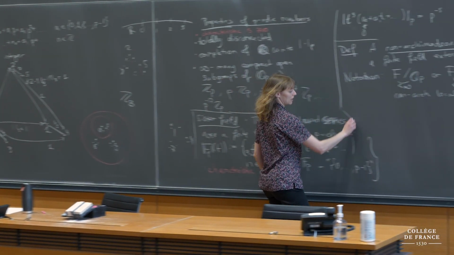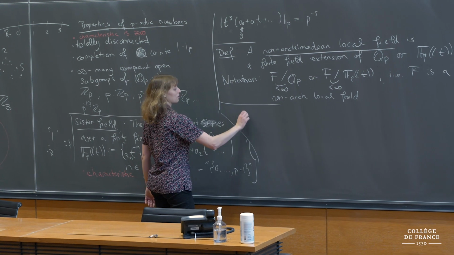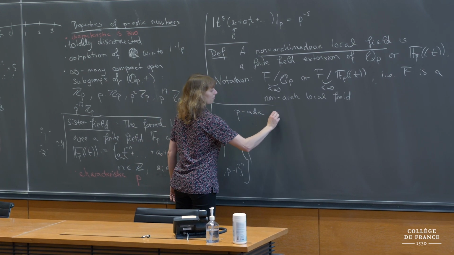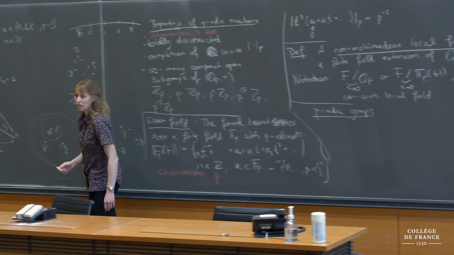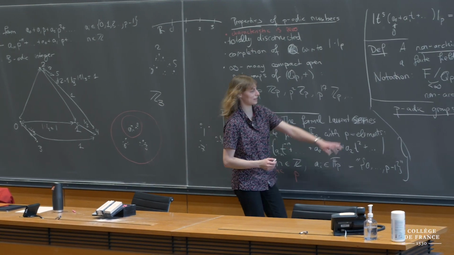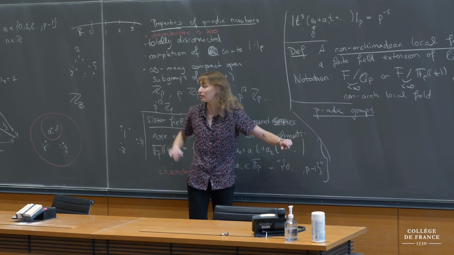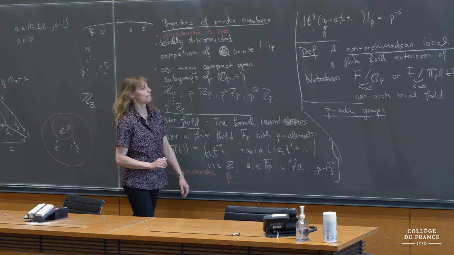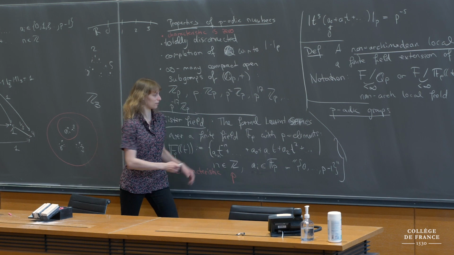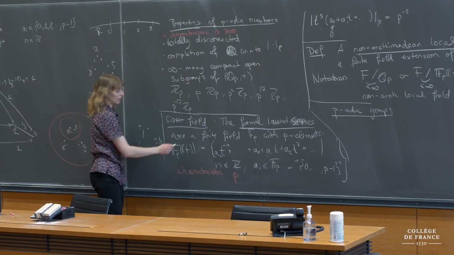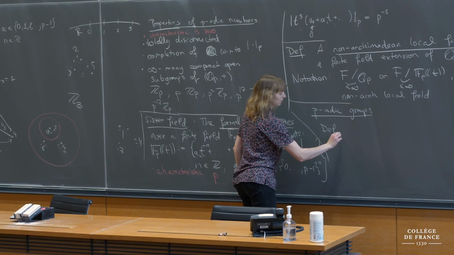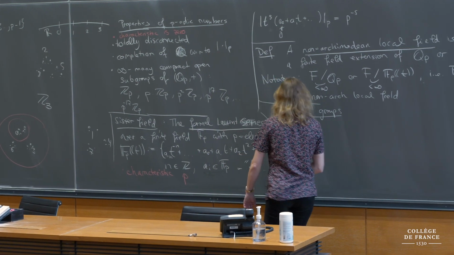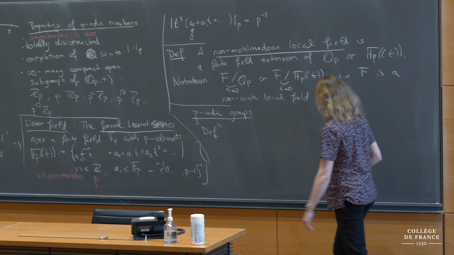Now I promised you that we want to figure out what p-adic groups are. We already know what p-adic means. That refers to the p-adic numbers, but equally well to these formal Laurent series. What are p-adic groups? Well, let me give you a kind of fake definition that I think is the best to work with.